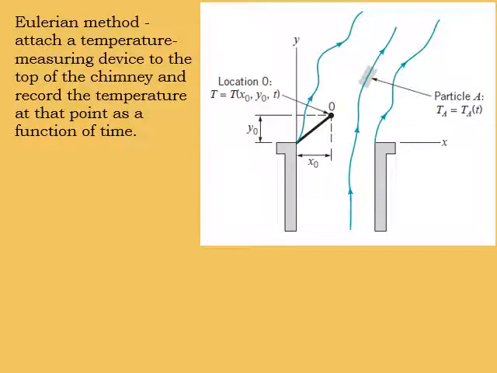This diagram shows a chimney with exhaust gases leaving through it. In order to study the Eulerian method, attach a temperature measuring device to the top of the chimney and record the temperature at that point as a function of time.